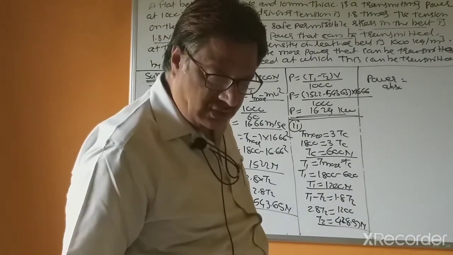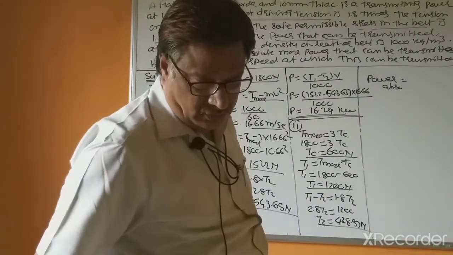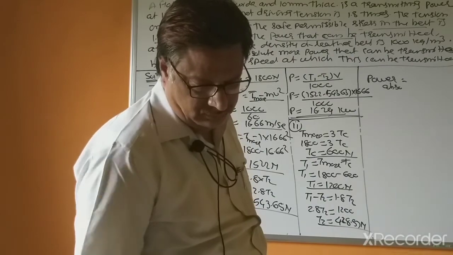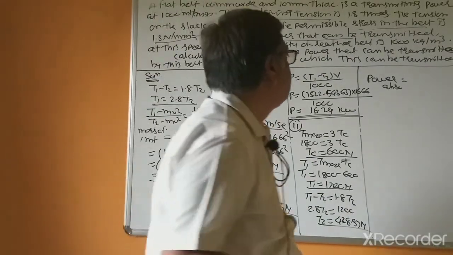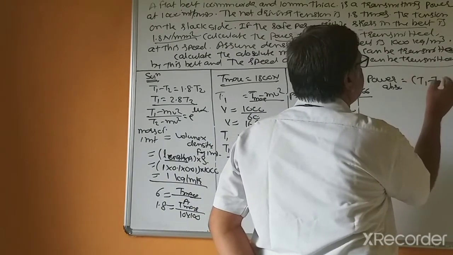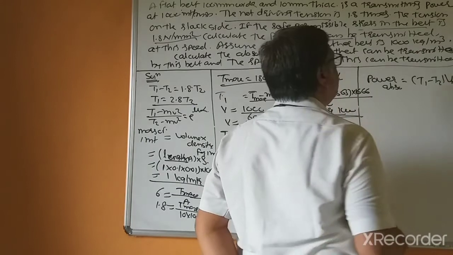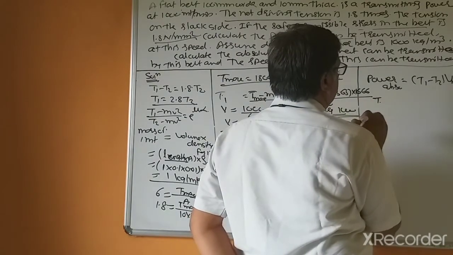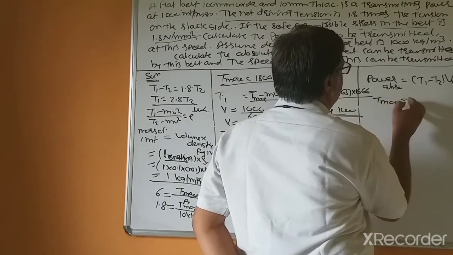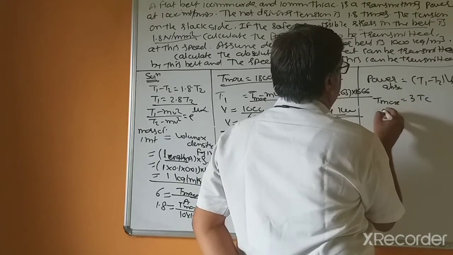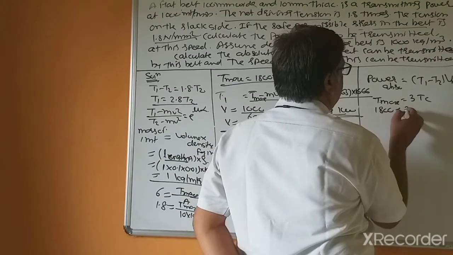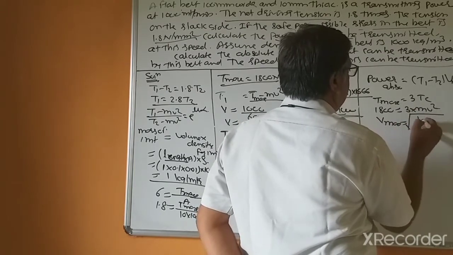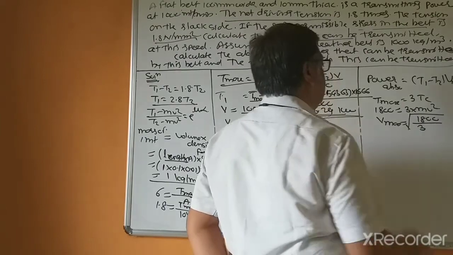So I think first we have to calculate V max, because here this is (T1 minus T2) into V max. So V max from the relation T max equal to 3 times Tc, or T max equal to 1800, 3 into mv square, so V max equal to under root 1800 divided by 3.